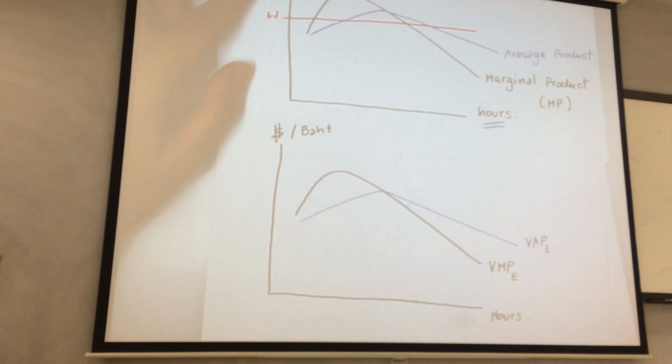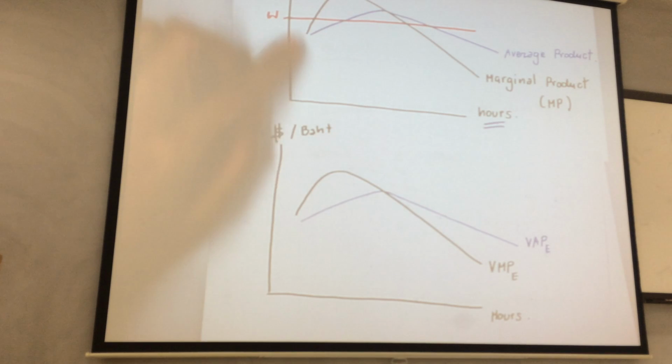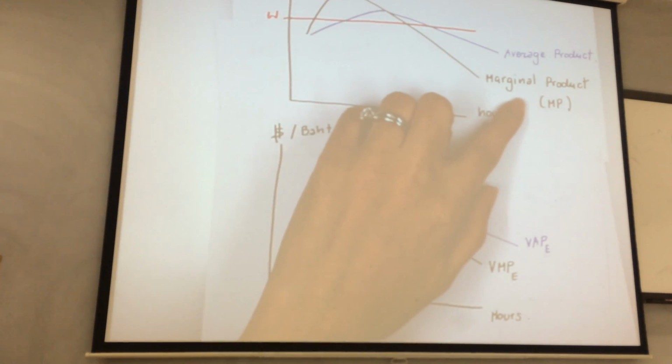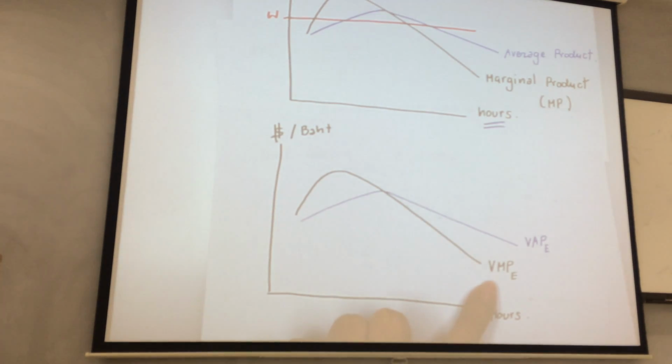You technically multiply this marginal product with the price of the output and you get the value of marginal product. If this person can produce, let's say, 6.5 units of output, how can that translate into monetary terms? Just multiply 6.5 with how much it is per piece, and you get the total for 6.5 units.